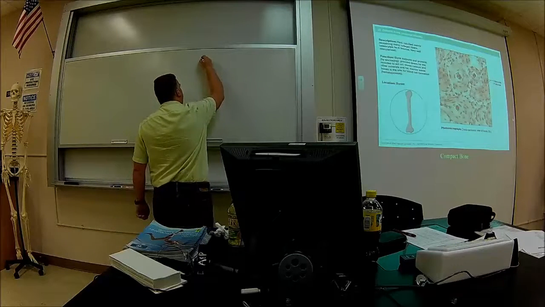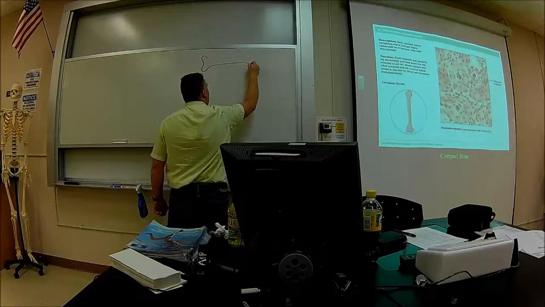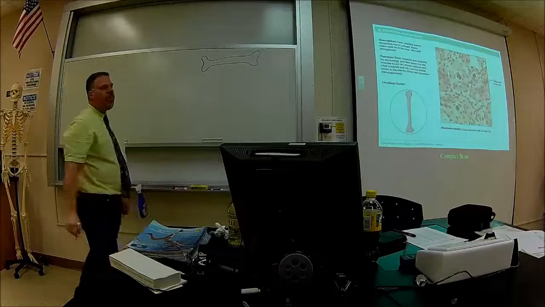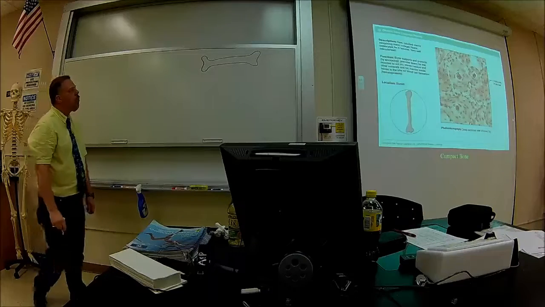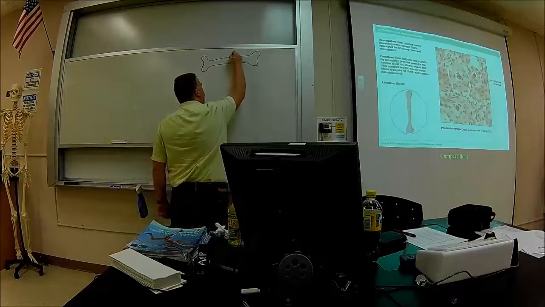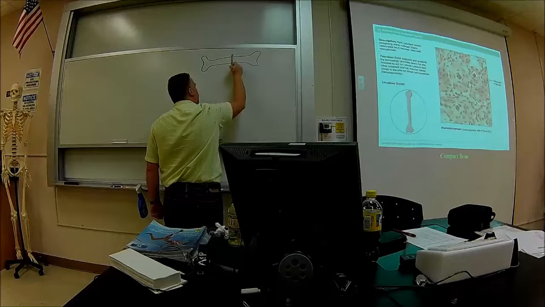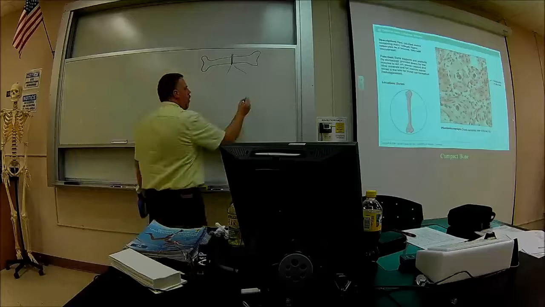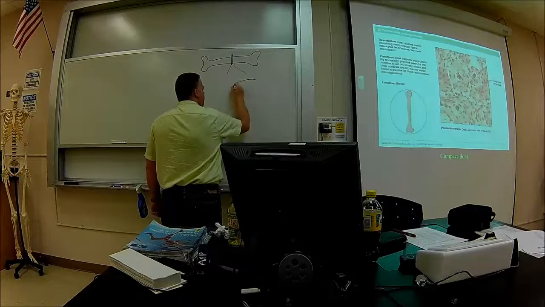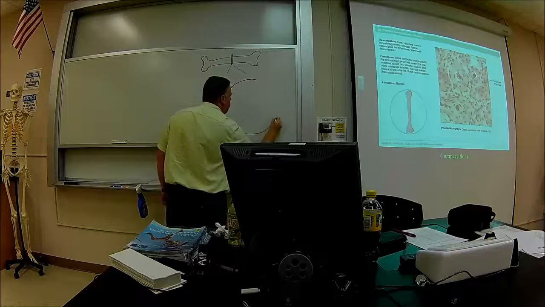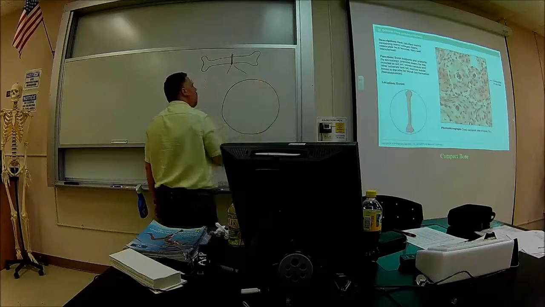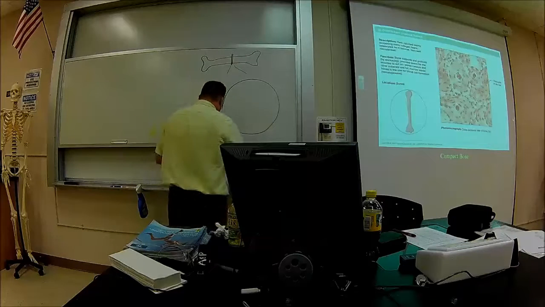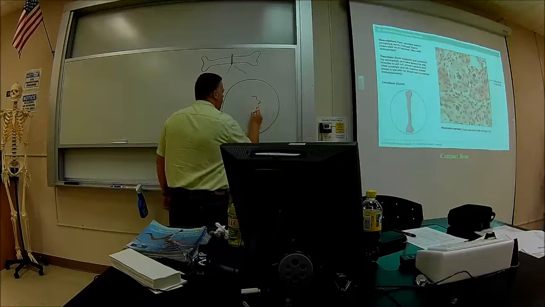We have a bone over here. A long bone. Okay? I'm going to make a cross section here and blow it up here. So you have this. In the center here, it's going to be hollow.